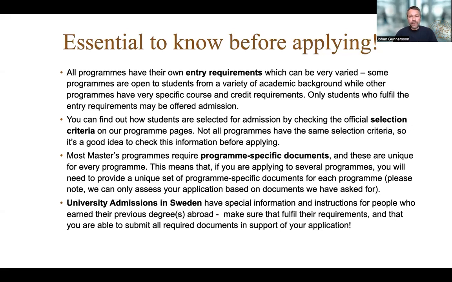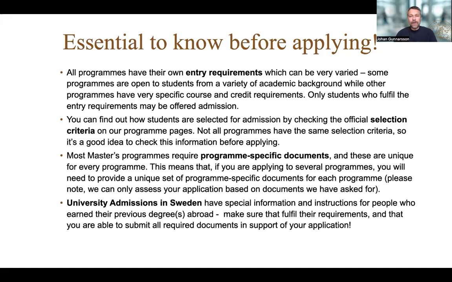The selection criteria is where we tell you how students are selected to a certain program, and these vary from program to program. So if you're applying to or considering several different programs, I think you should check the entry requirements and the selection criteria for all of them, because there might be slight differences. It is, of course, very common that students are selected based on their academic merits.